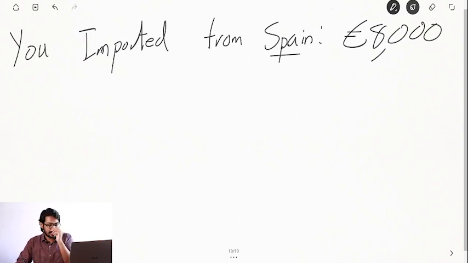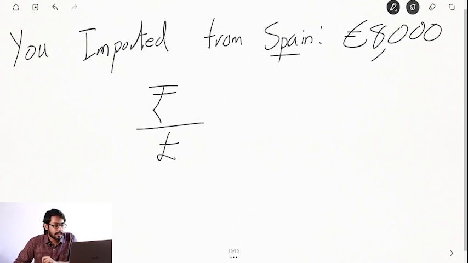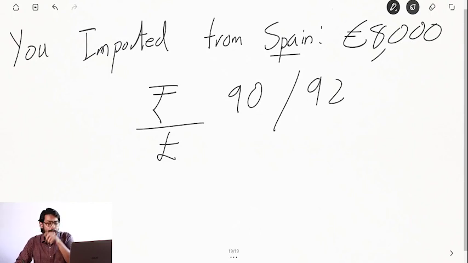The exchange rates are: rupee by pound is 90, 92, that is 90 bar 92 or 90 hyphen 92. Normally it is written 90 bar 92.